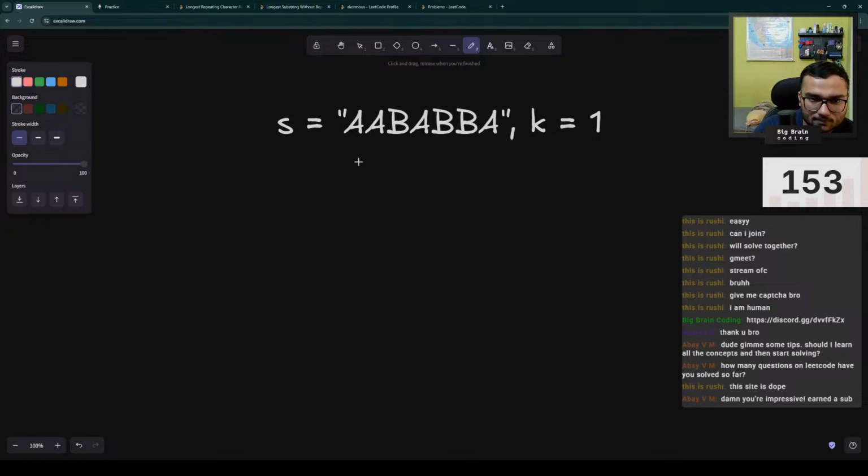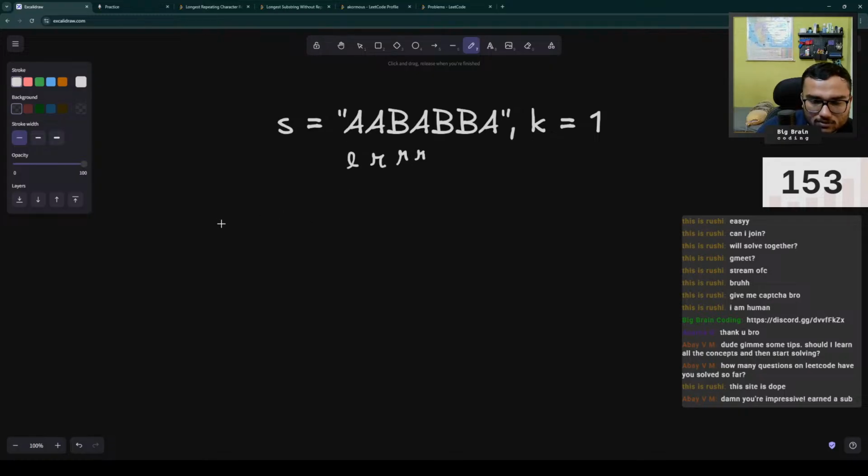Like if I start from here, this is left, this is right also, so right moves here. So this is the longest substring that I can find, which has the same type of letters. Then I encounter B. I can consume this K and change it to this and move R here and then move R again.